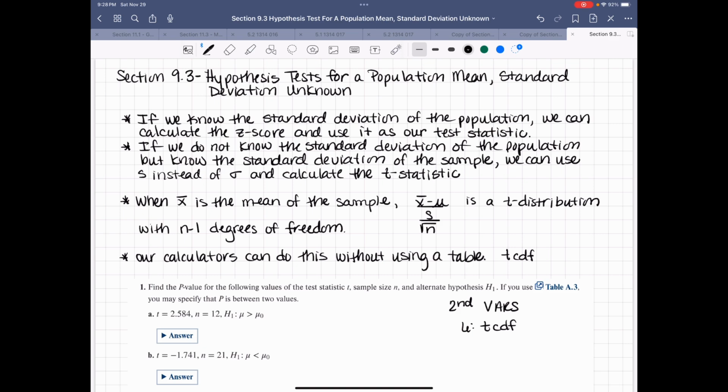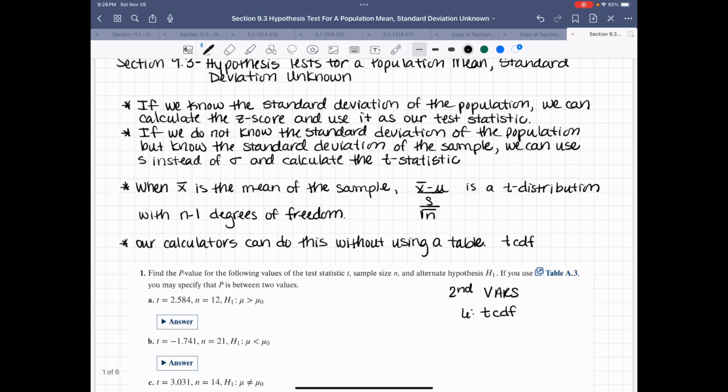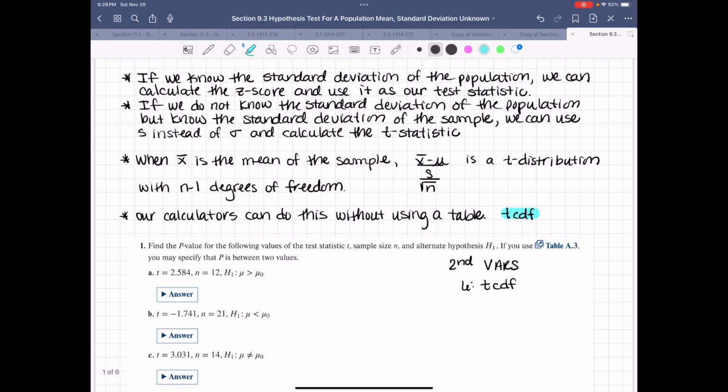Our calculators can do this without using a table. The beginning of this section talks about looking it up on a table. You don't need to, guys. We can use the t-CDF function. It's kind of like the normal CDF function, but it's t because we're using the standard deviation of our sample.